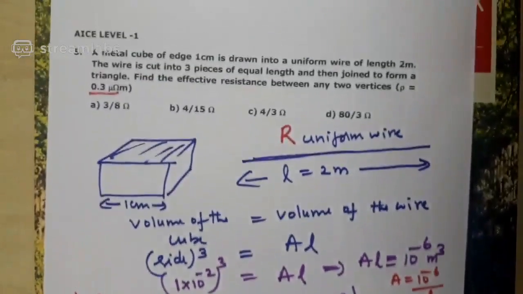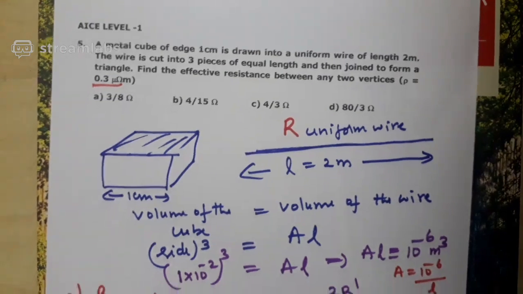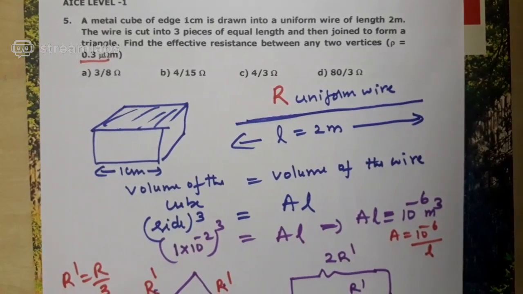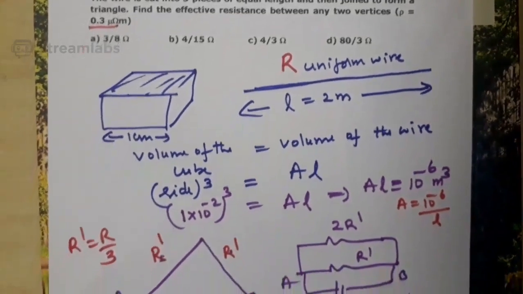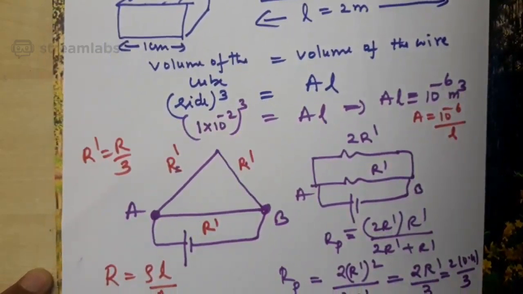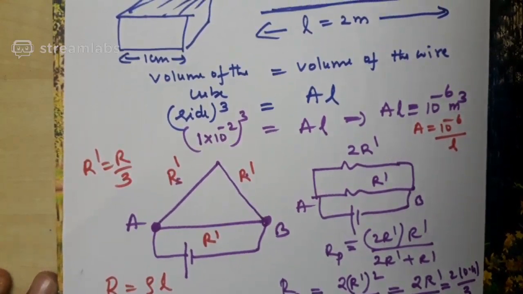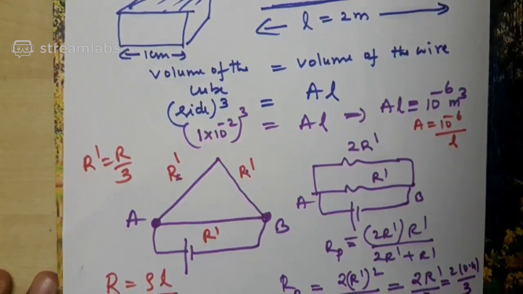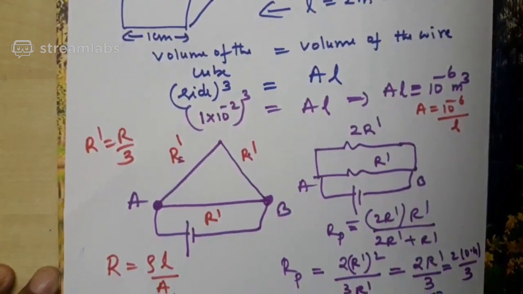This is an AIC level 1, question number 5. So original resistance was R. It is divided into 3 equal parts and forming a triangle.